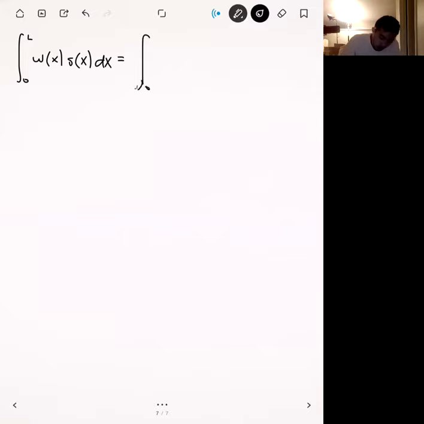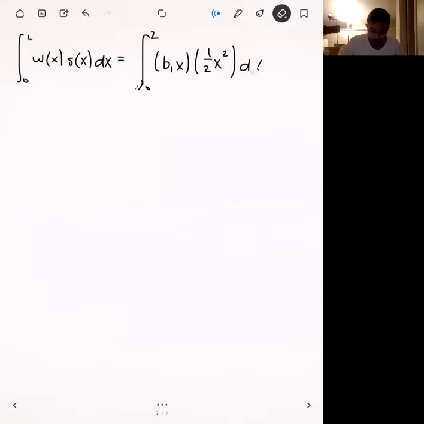First we plug in for L, which we know is 2, so we have an integral from 0 to 2 of w of x. Here w of x is b1 times x. And our s of x we're going to plug in as 1/2 x squared, dx.